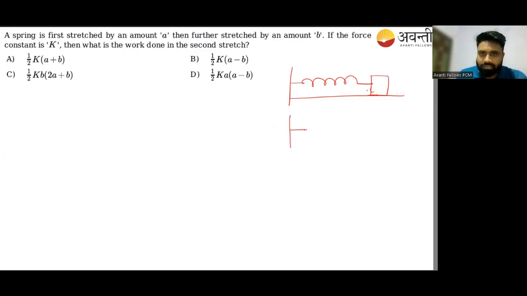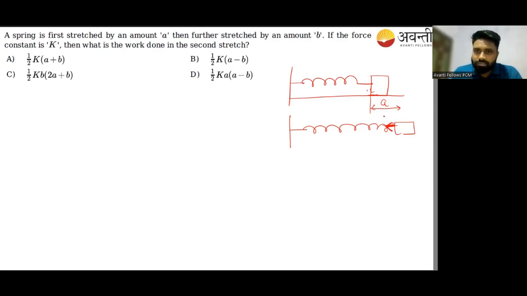Now it is first stressed by an amount of A, let's say. So there is a force acting, trying to pull the spring back to the natural position.